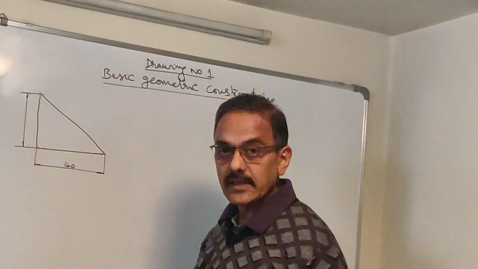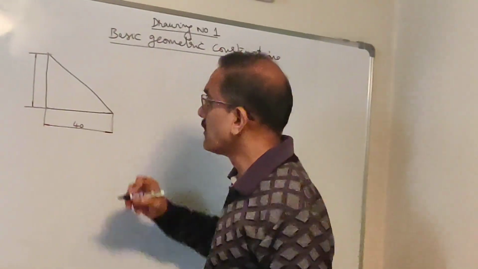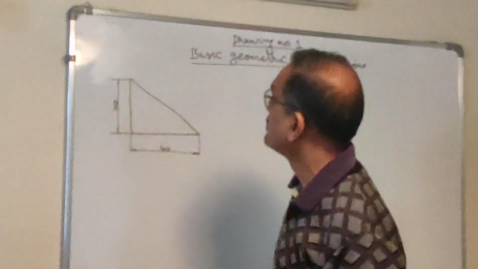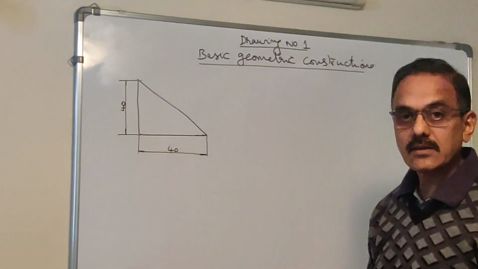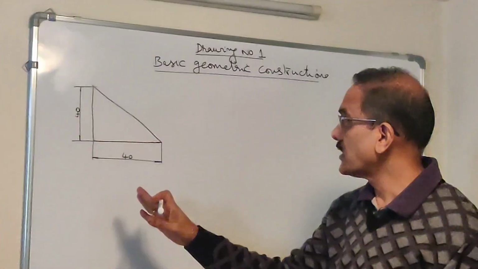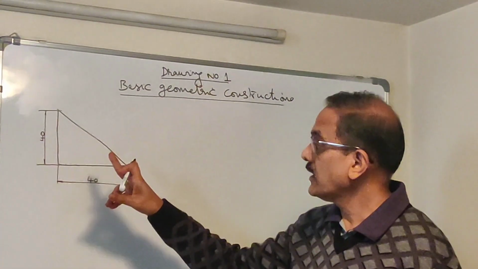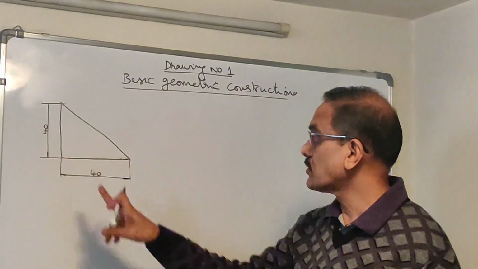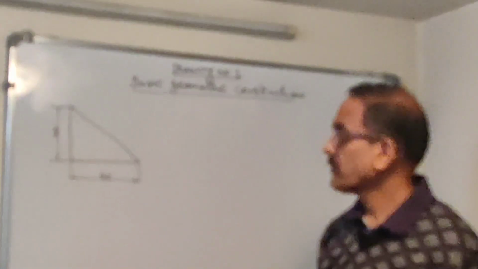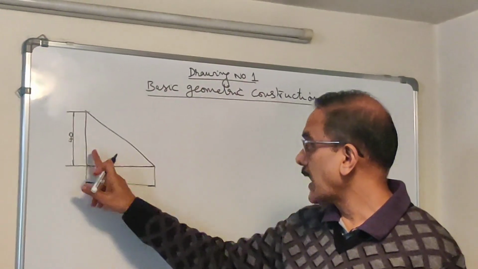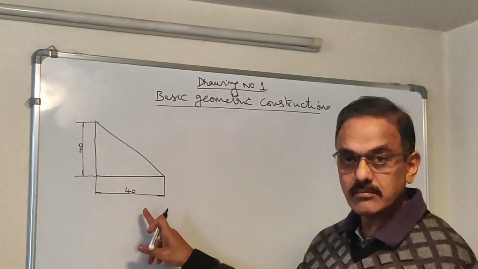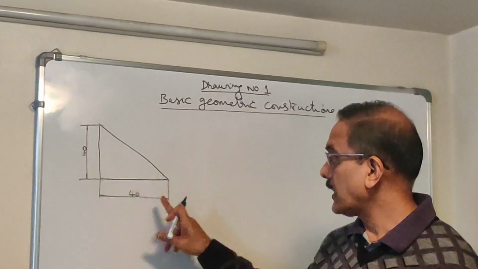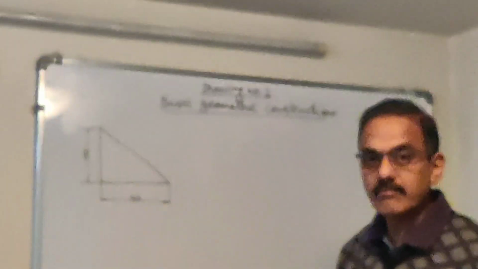Now writing 40, how should the 40 be written? This is how you should write. That's important. Okay. So when you make a continuous vertical dimension line, the 40 has to be written only like this, not like this. Okay. So look at the orientation. And also make sure the gap is minimum 5 mm between the main line and the dimension line.